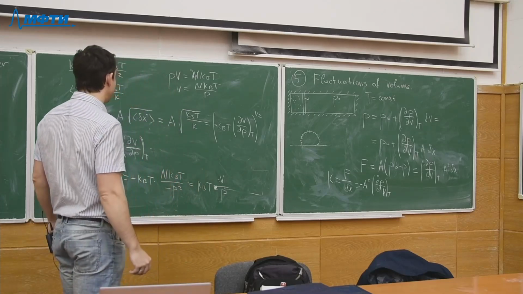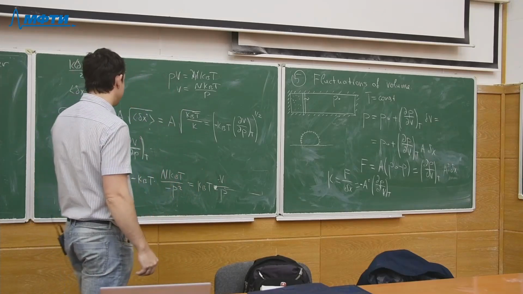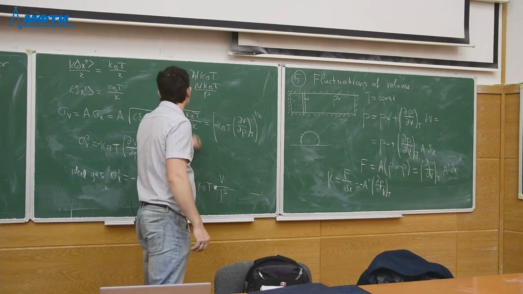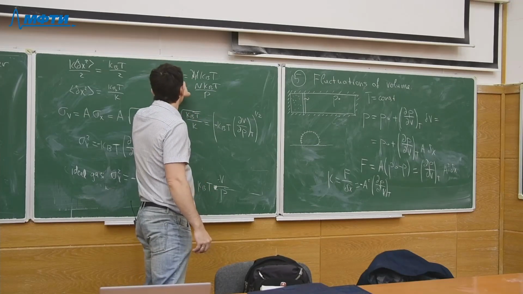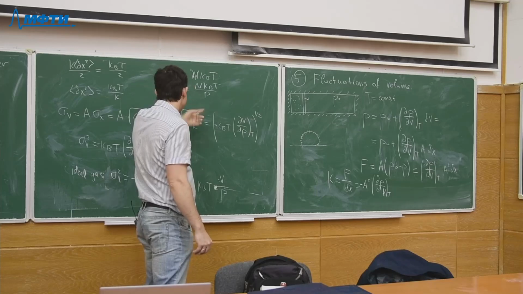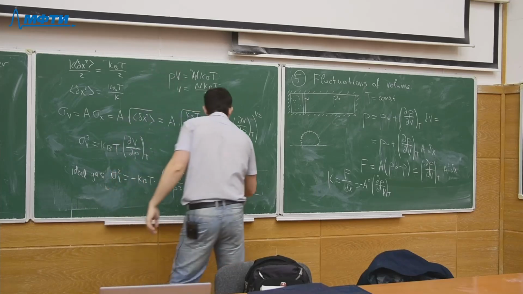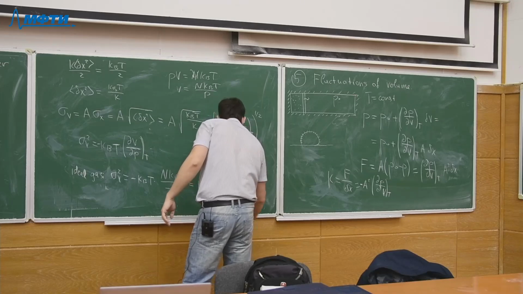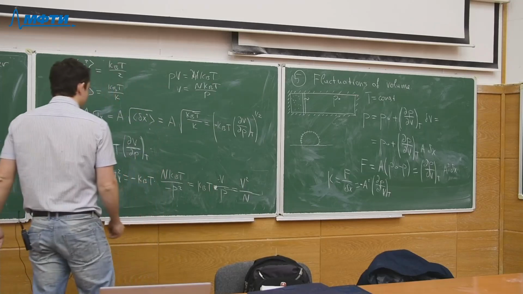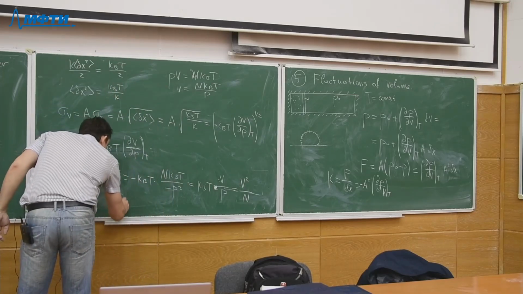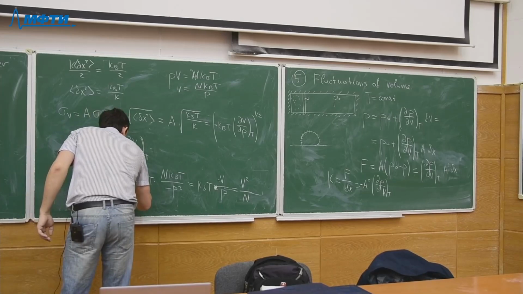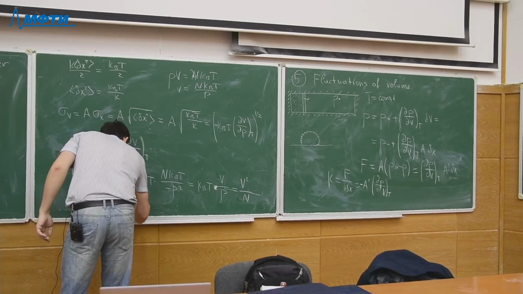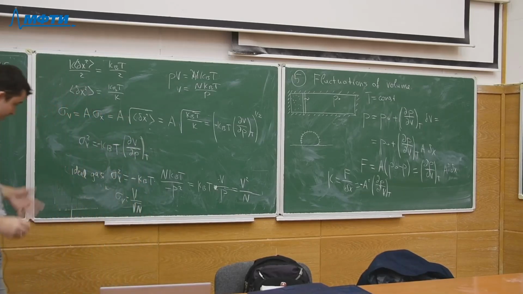And, well, I can do that once again, that pressure over kBT gives me N over volume. So this gives me volume squared over N. So for the ideal gas, the fluctuations of volume are equal to the volume over square root of N, where N is the number of particles in that volume.